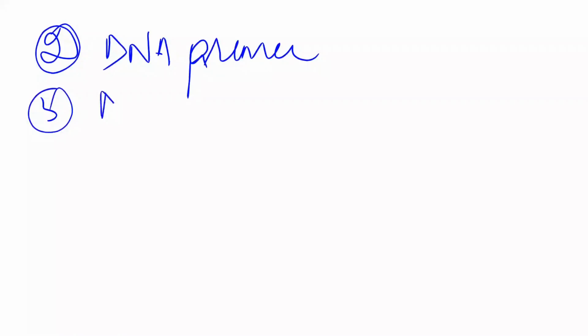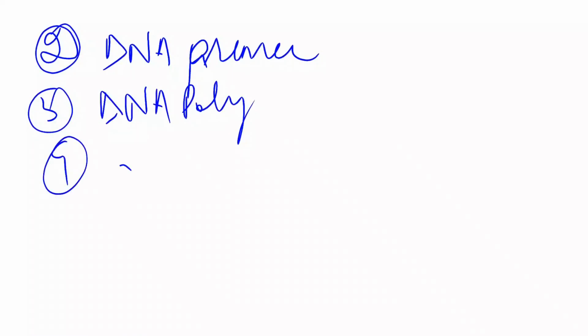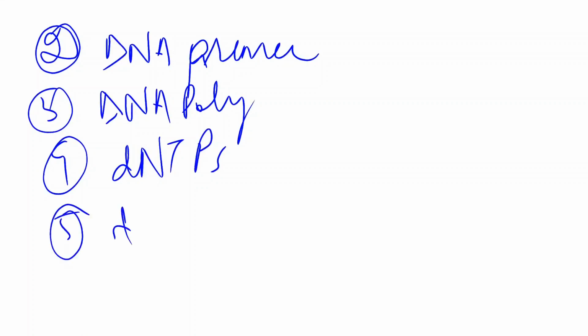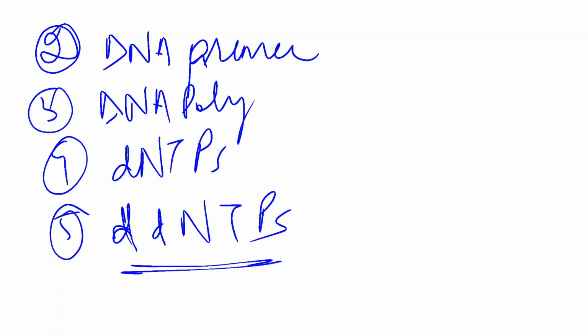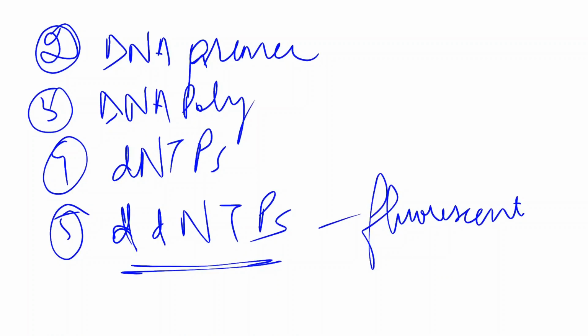Third is DNA polymerase, fourth is dNTPs, A, T, G, C, and fifth is ddNTPs. These are labeled with a fluorescence tag.